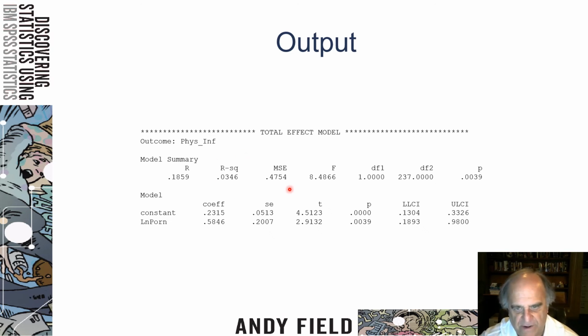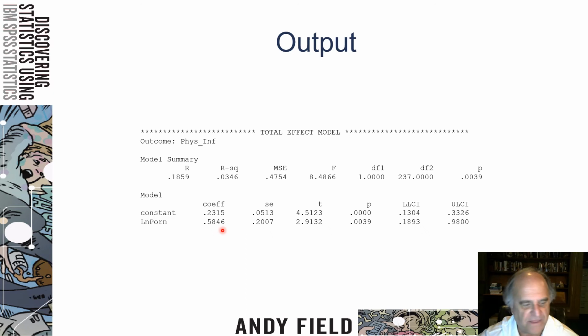We get our mean squared error, our F, our degrees of freedom, a P of 0.0039, so the model is significant. We then get our estimates of our B values, our constant, which is significant, and then the B value for pornography.